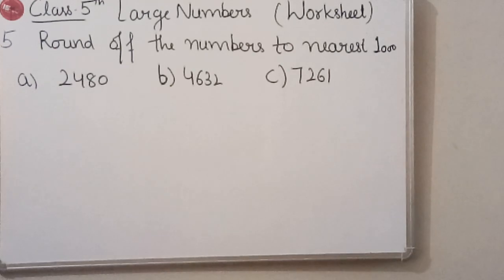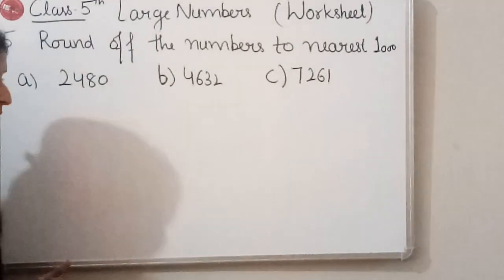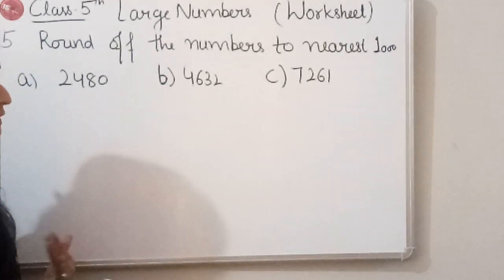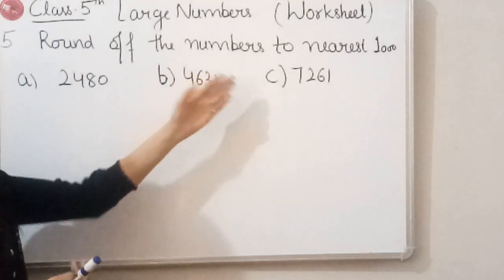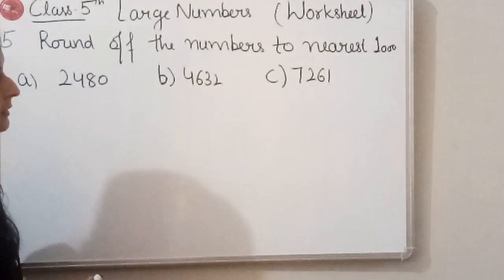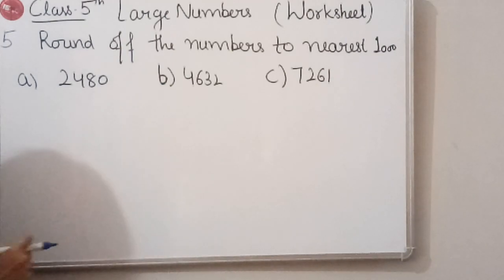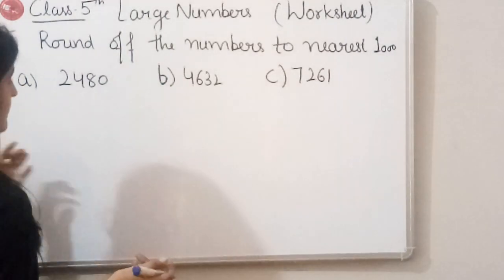Next and the last question is round off the numbers to nearest 1000. Children, we have done rounding off to nearest 10, rounding off to nearest 100. Next is rounding off to nearest 1000. So here we have to round off to nearest 1000.